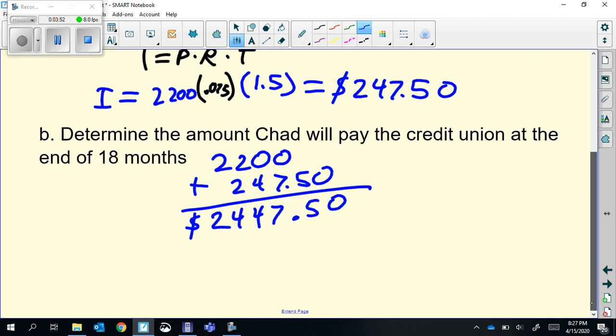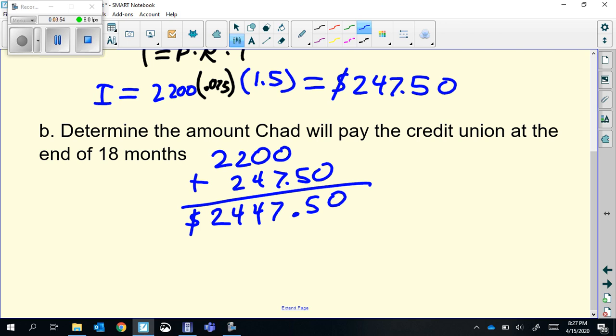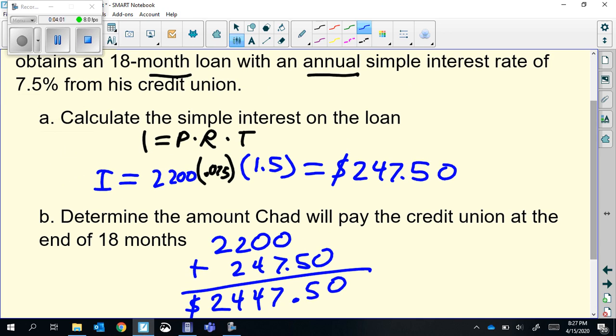Now, this situation is not actually talking about where you're making payments each time. It would be kind of an estimate that you would then divide by 18, and that could be what you're paying. But it's actually a little bit more of a complicated equation that's typically done in real life.